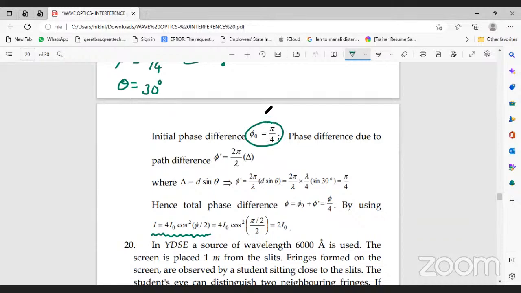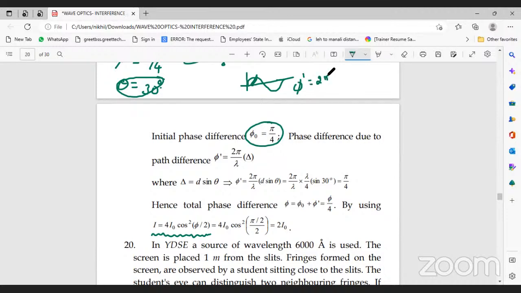So pi by 4. Now the intensity has to be calculated for what angle? For 30 degree. Can you tell me what is the phase angle for 30 degree?